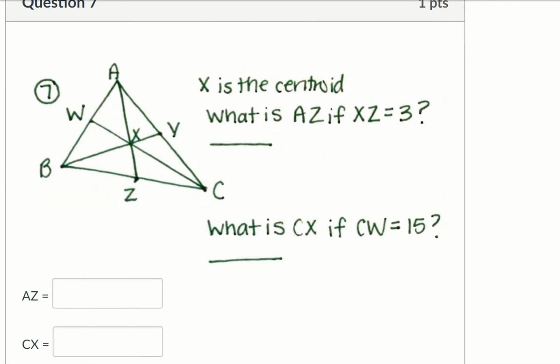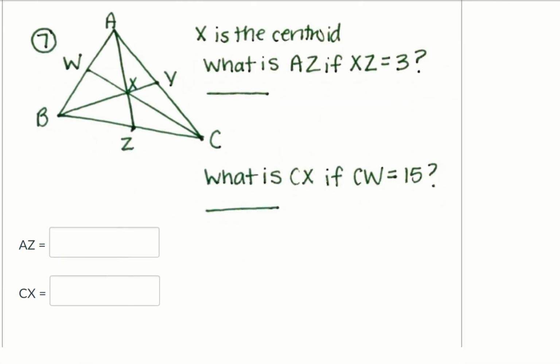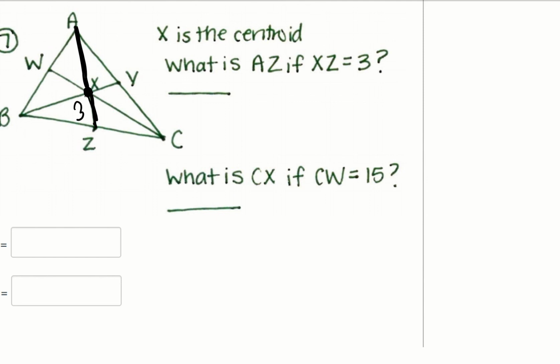All right, question 7. X is the centroid. What is AZ if XZ is 3? So we know XZ is 3, which means that this right here, remember the centroid follows the 2/3 rule. That's just what I call it, the 2/3, 1/3 rule. So basically it's always 2 parts to 1 part.